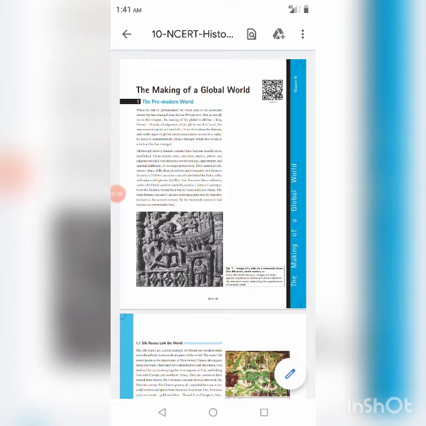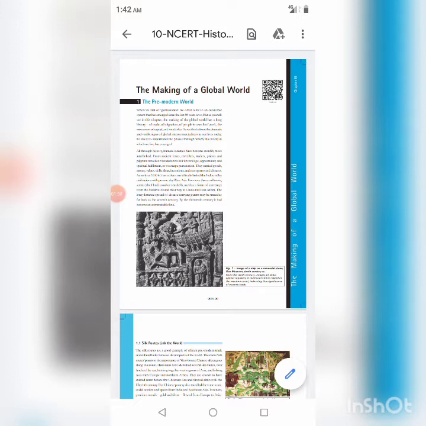The pre-modern world. Globalization refers to an economical system that has emerged since the last 50 years or so. But the making of the global world has a long history of trade, of migration, of peoples in search of work, the movement of capital, and much else.